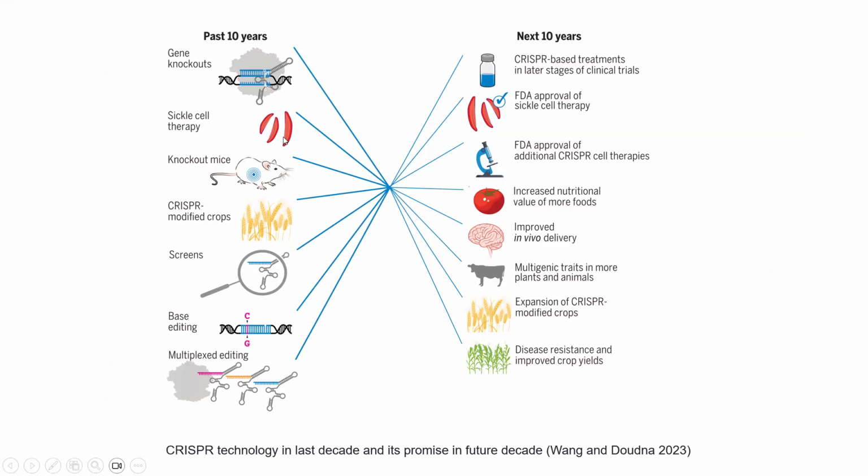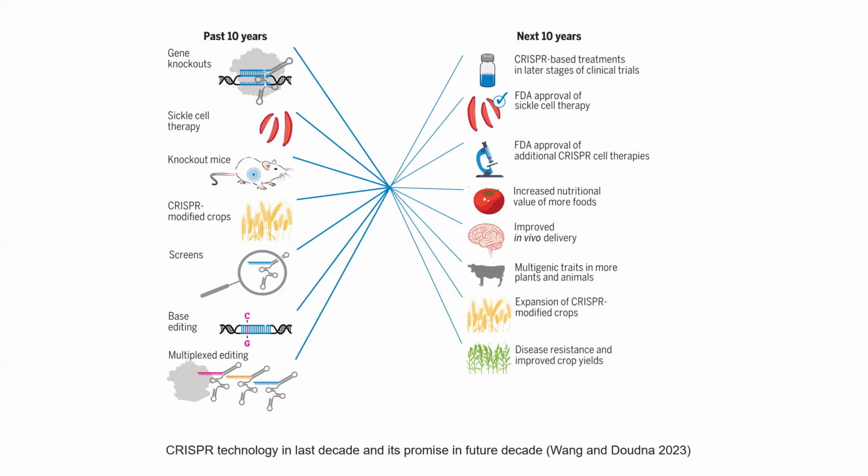Gene knockout, and sickle cell disease treatment is now legalized in the USA. Lots of experiments are being done, and several crops have already been developed. For example, in Japan, gamma-aminobutyric acid containing tomato, or high muscle producing red sea bream or tiger pufferfish used in delicate food like sushi.